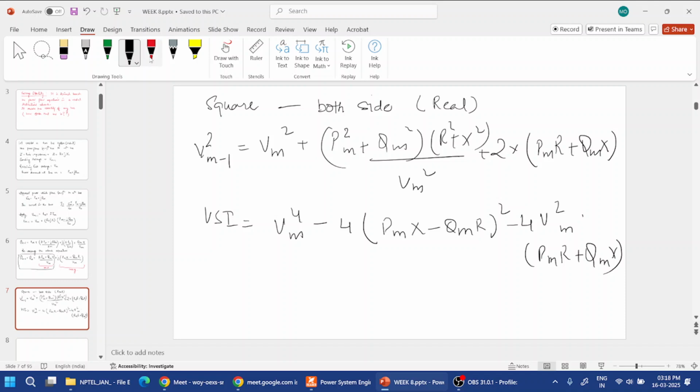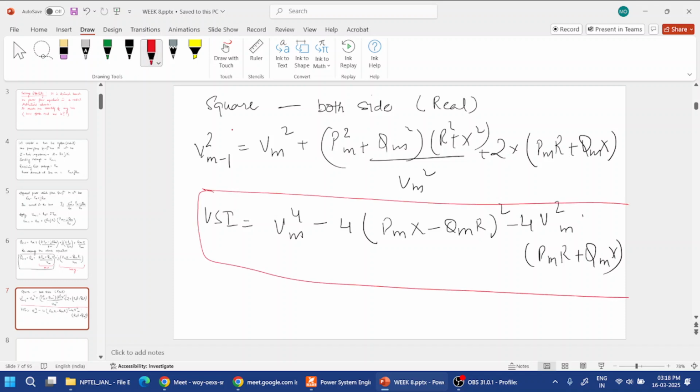So whenever we are asked to calculate the VSI, we should use this formula. In detail you can see it over there, but I have written it here so that you have an idea how we are going to solve it, because in some of the questions we will be using this formula to calculate the VSI.